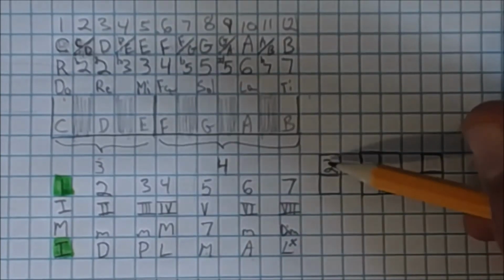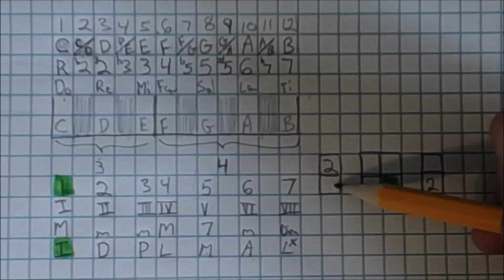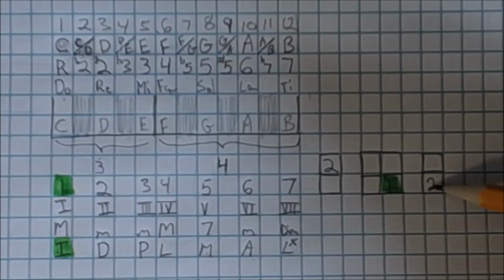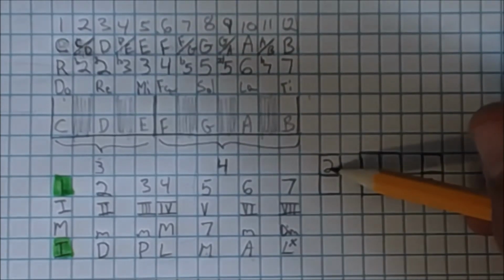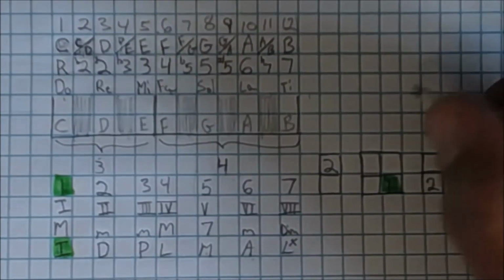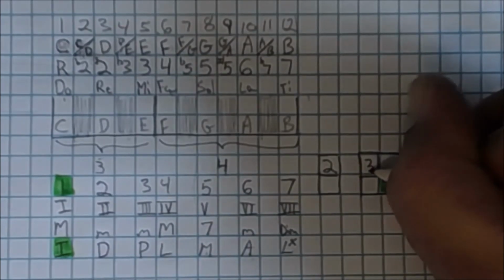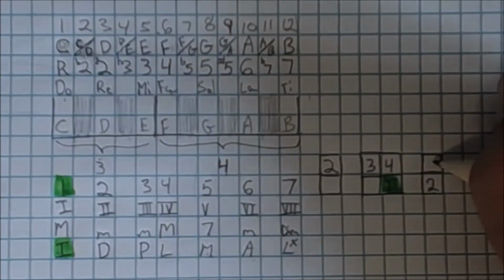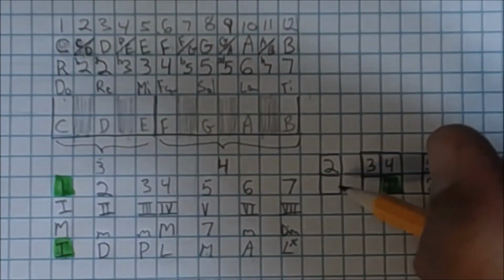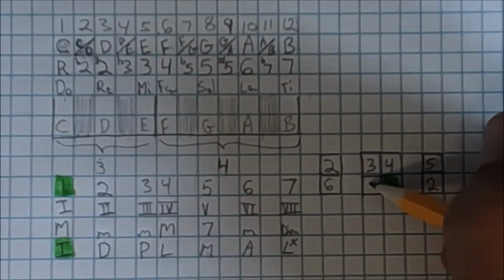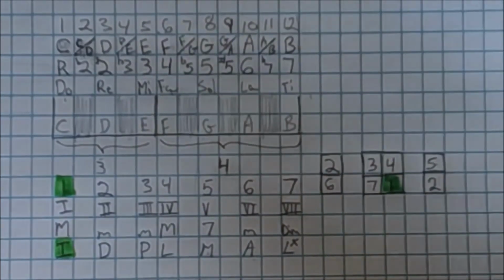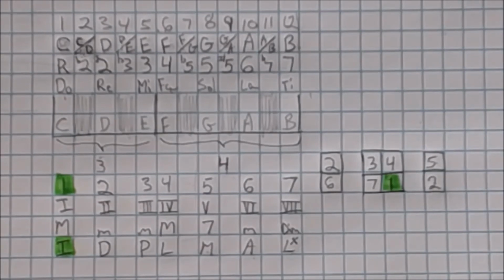So A and A, like if that was the low E string and that was the 5th fret, you'd have an A ringing out with the open A to tune your guitar. So we have 2. That stands to reason that there's 3, 4, 5. Watch this. 6 and 7 back to the 1. So it's really all you need.